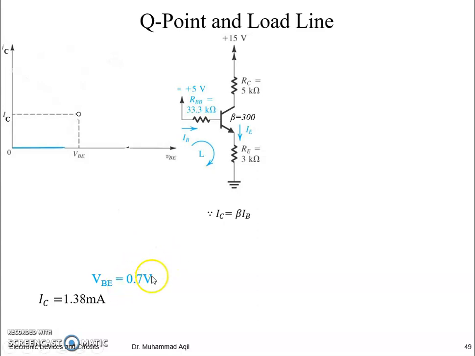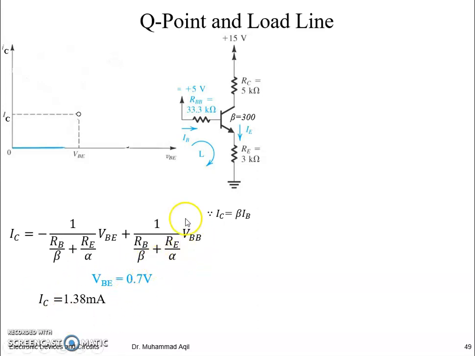We have found these with this equation, right? It says that if we have a VBE, then for that VBE, IC can be found by this equation.